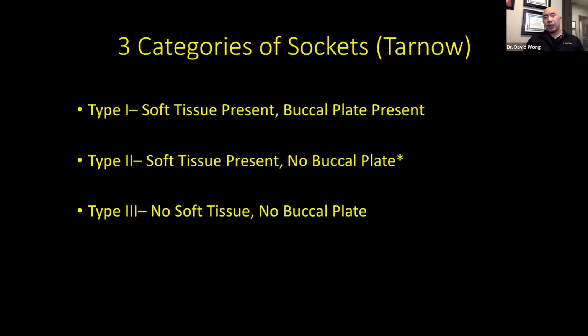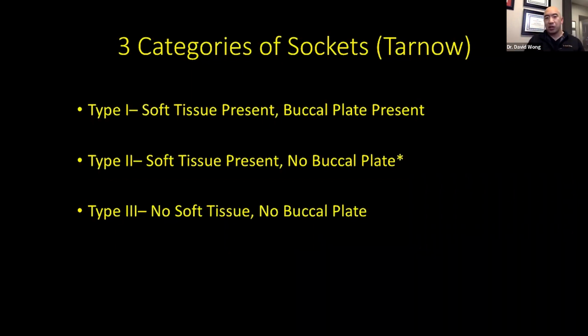Okay. That's easy. If you have bone and you have soft tissue, do an immediate implant. No brainer. Type 3, you have no bone and no soft tissue. Well, that's also a no brainer. You got to take the tooth out and then build it up separately and then come back later and do the implant. Type 2 is where everybody starts scratching their head.